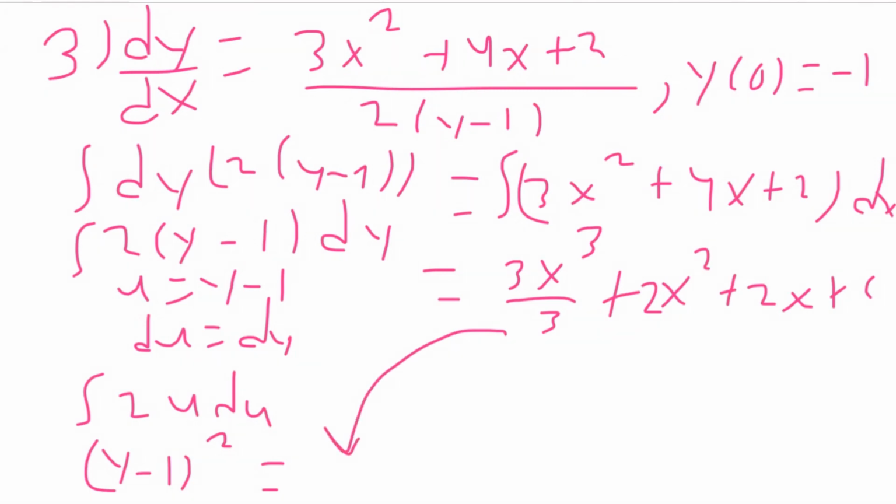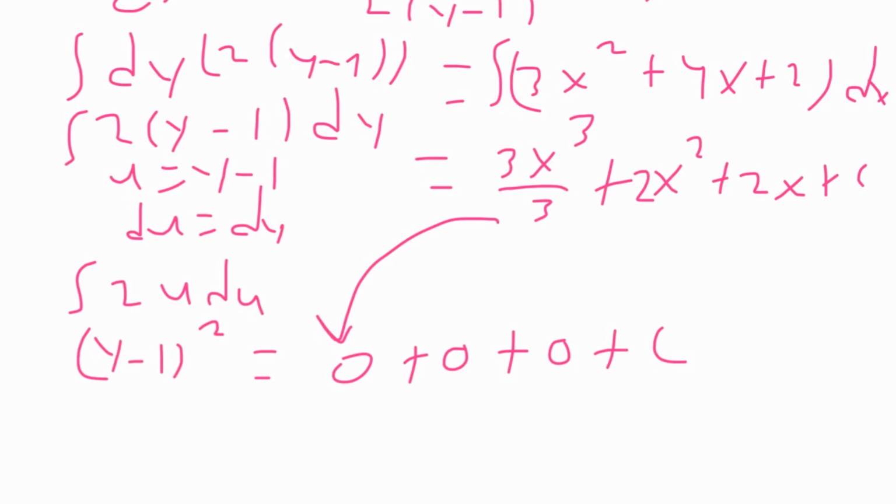And now we can solve for c. For solving for c, we're going to use the initial value they gave us, y of 0 is equal to negative 1. So we plug in 0 wherever there's x, so 0 plus 0 plus 0 plus c. And then y is negative 1 because of this initial value. So negative 1 minus 1 is negative 2, and negative 2 squared is 4.